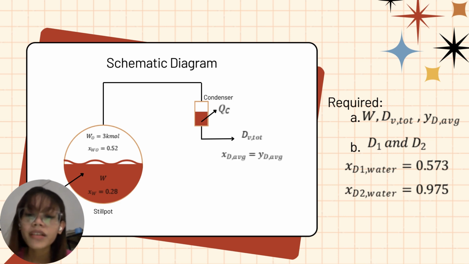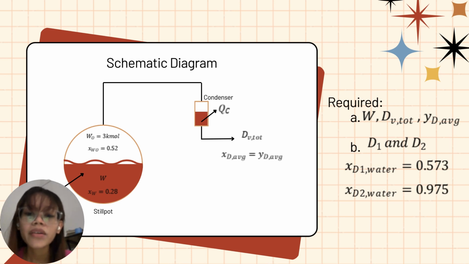Then from PubChem, we were able to determine that n-butanol has a higher boiling point, which means that it is less volatile than water, as 1-butanol has a boiling point of 117.6 degrees Celsius. Hence, in this calculation, the basis is the component water.